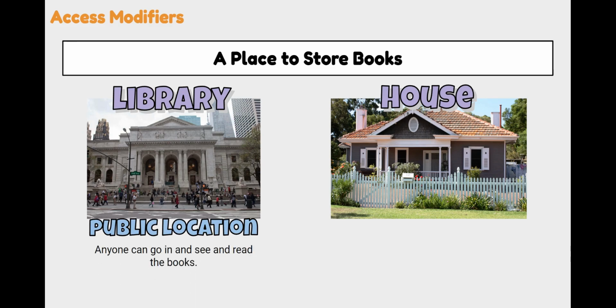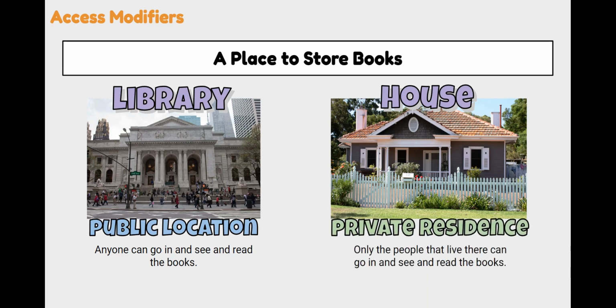Anyone can go in and see and read the books in that library. Now, your house is going to be a private residence, and only the people that live there can go in and see and read the books. So, understanding the difference between a public location and a private location is important to understanding what access modifiers are.